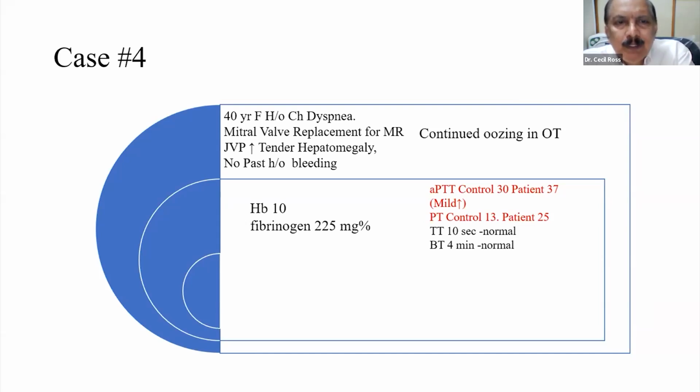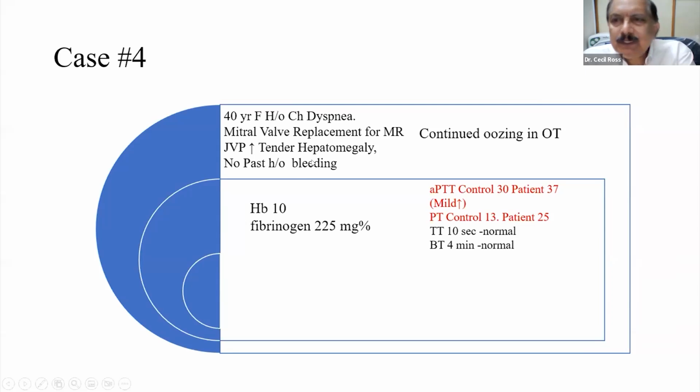Why do you normally get a tender hepatomegaly and raised JVP in a person with mitral regurgitation? It is a 40-year-old lady, so it's chronic rheumatic heart disease with progressive mitral regurgitation.